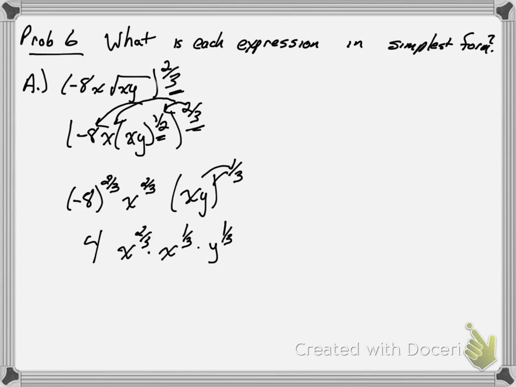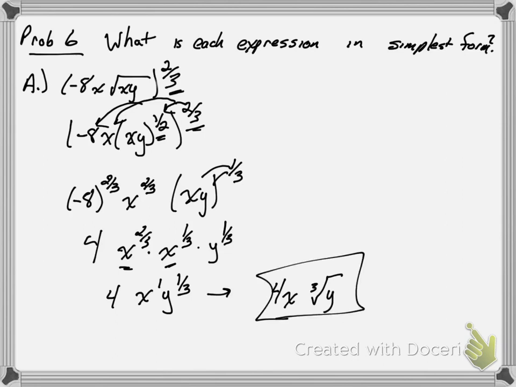Now again, multiplying like bases, you add your exponents. So 4x, 2/3 plus 1/3 is 3/3, or x to the first, y to the third. Now that's fine, but understanding we don't usually write it with fractional exponents, so that's 4x cube root of y, and you're done. Either one is probably all right though.